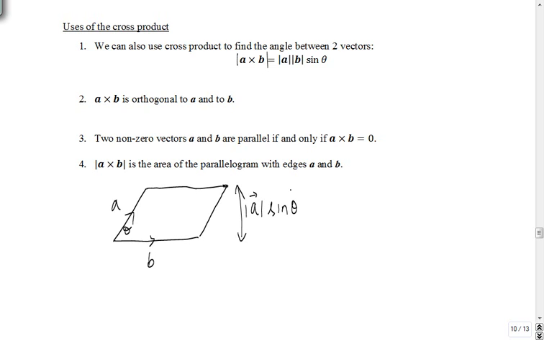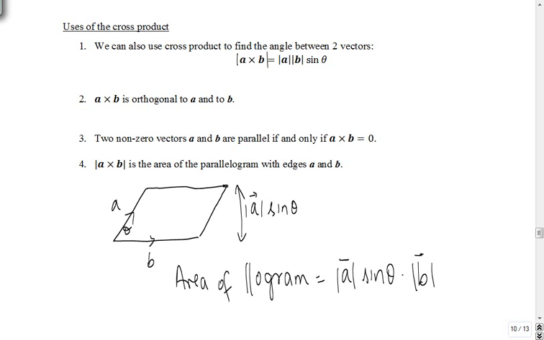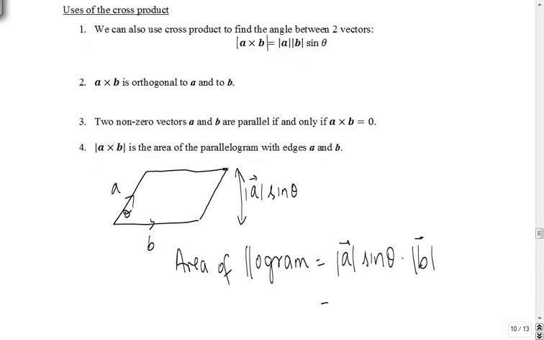So therefore the area of the parallelogram, using the formula, would be the height, the length of A sine theta, times the length of B, the base. But if you look at number 1 up there, this is the actual formula for the length of the cross product. So that's how you find the area of a parallelogram with the edges. Okay? Nice. Questions?